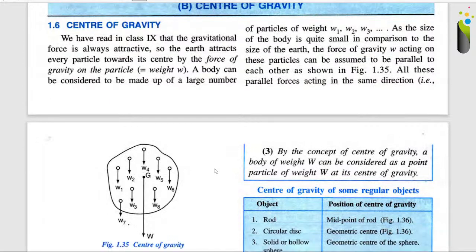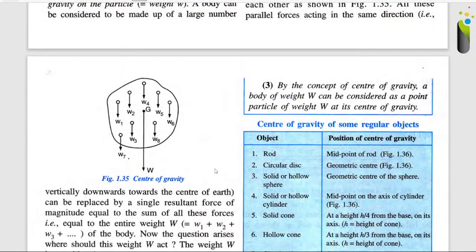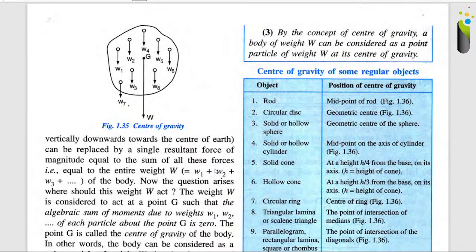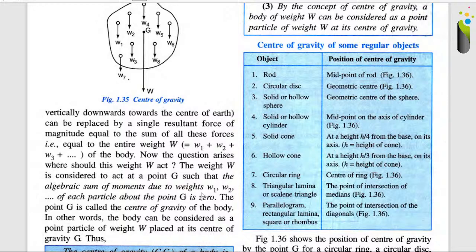All these parallel forces acting in the same direction, that is, vertically downwards towards the center of the earth, can be replaced by a single resultant force of magnitude equal to the sum of all these forces, that is equal to the entire weight, capital W, which is equal to W1 plus W2 plus W3 and so on, of the body.